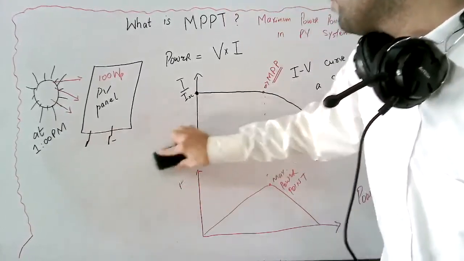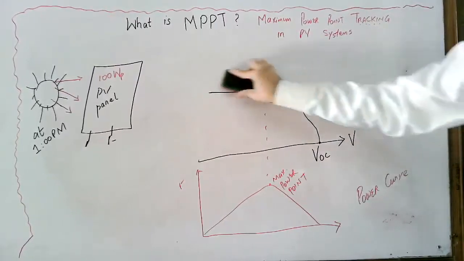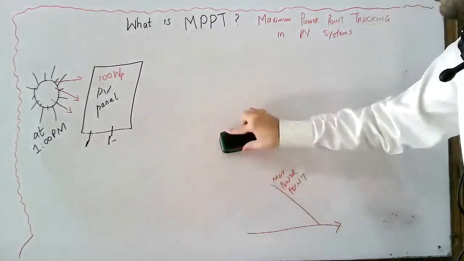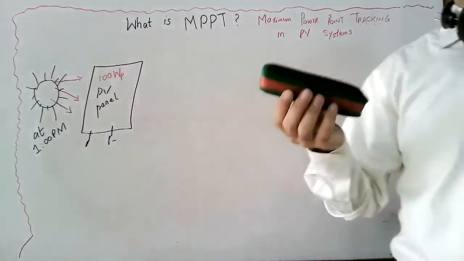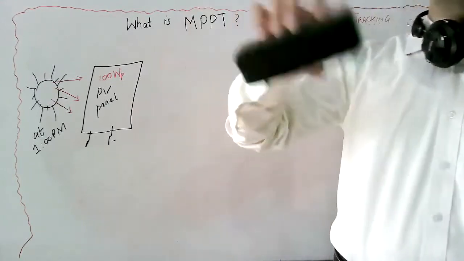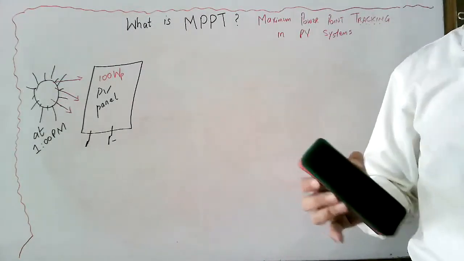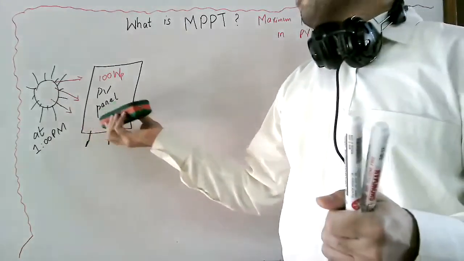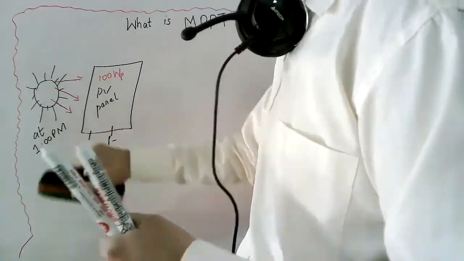Okay, let me erase this. As you know, the load is not in our control. So we do not connect a direct load with the solar panel in order to do maximum power point tracking, because if the load is lesser than the required value of resistance, you must have a battery storage such that whatever power you are extracting, you save it inside your battery.